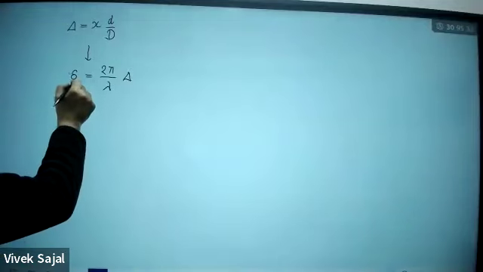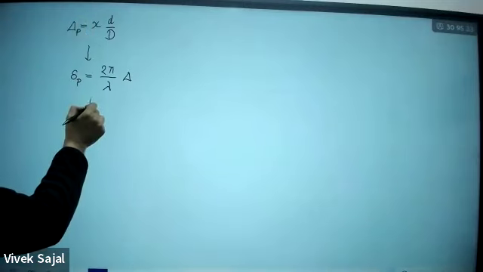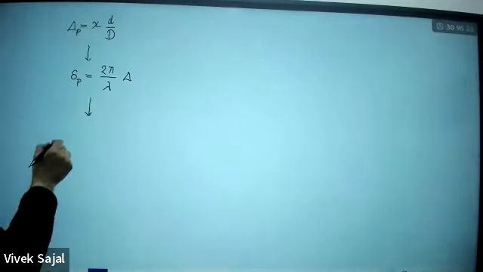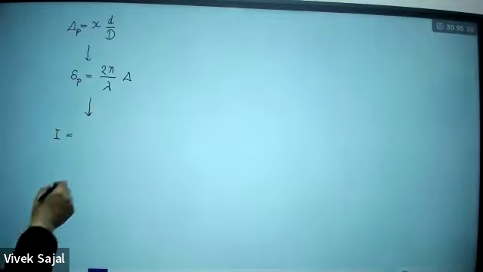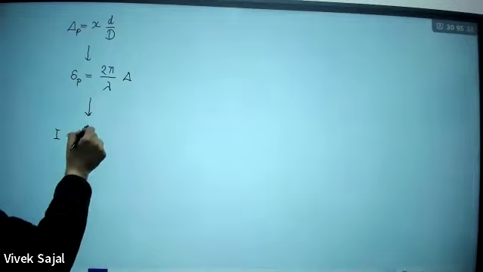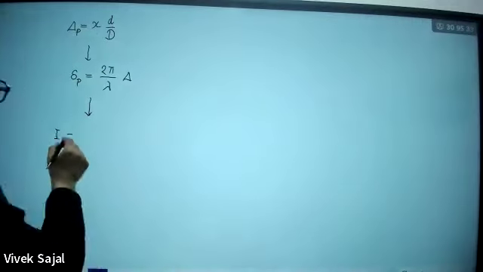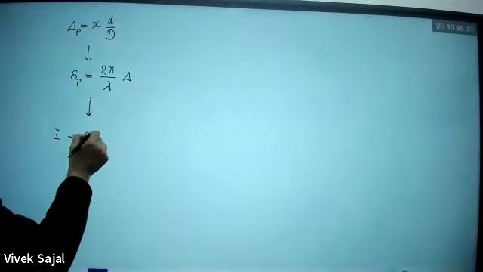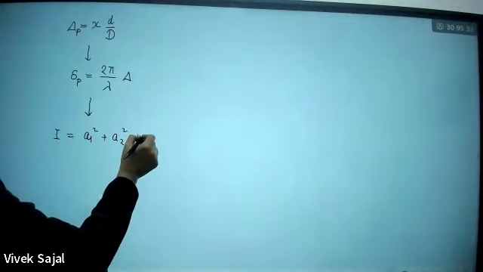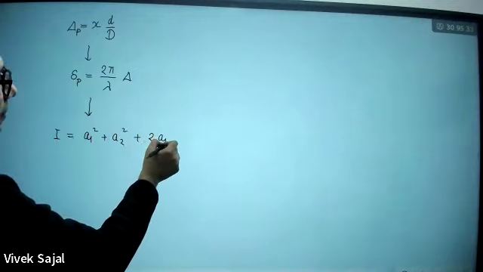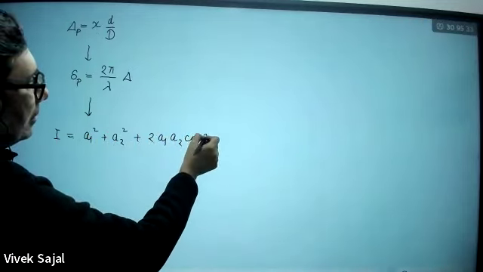And when you know the phase difference at point P, then intensity will be how much? Intensity will be A1 square plus A2 square plus 2 A1 A2 cos delta.